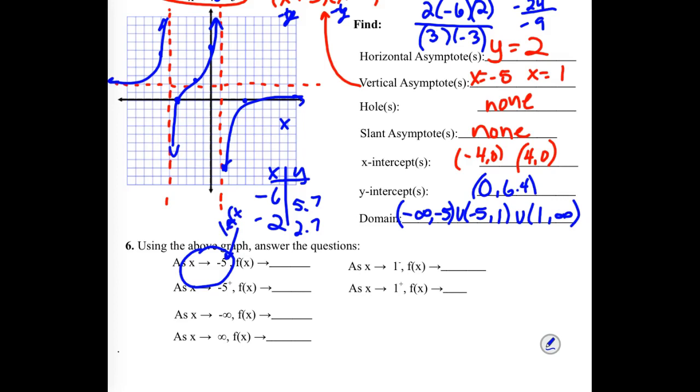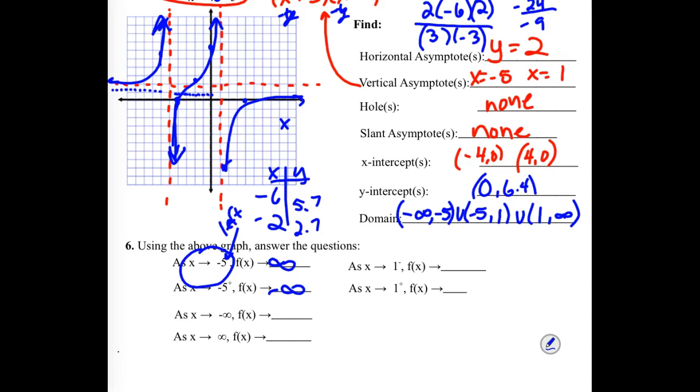So what it's asking you to do is analyze your graph as you get close to those vertical asymptotes. So as I move closer and closer to that -5 mark from the left side, my y value is pointing up towards infinity. So y is approaching positive infinity. But as I move closer and closer to that -5 from the right-hand side, my graph is pointing down. So the closer I get to -5, the closer I get to negative infinity for y.